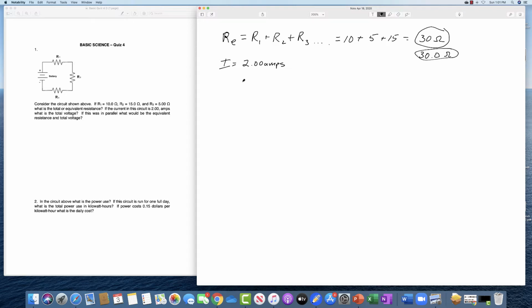Well, Ohm's law, if you need to look that up in your book, you can, states that the voltage is equal to the resistance times the amperage. And so in this case, the total voltage would be equal to the equivalent resistance times the total current. So the voltage here is going to equal 30 ohms times 2 amps, or 60.0 volts.